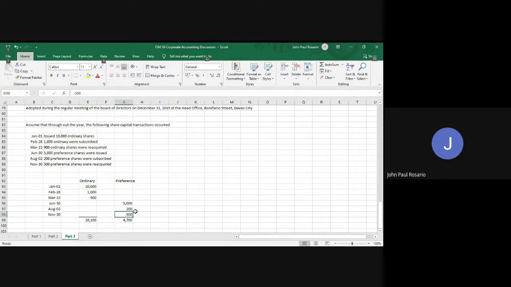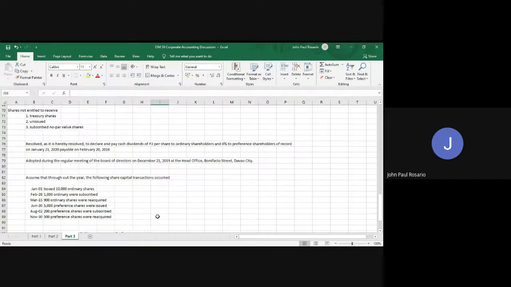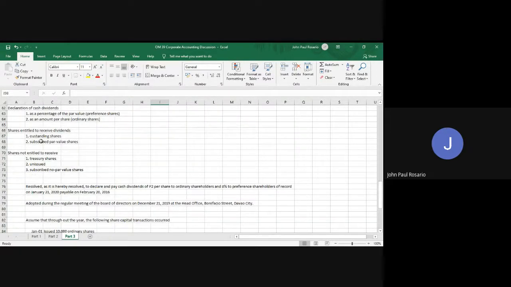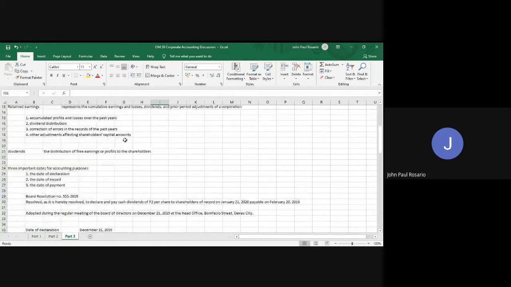So what other way do we have to determine whether it's only the outstanding shares or the subscribed par value shares that are entitled to receive a dividend?